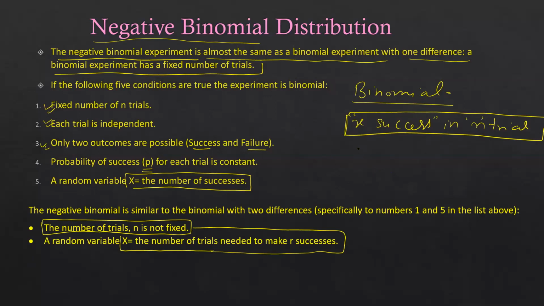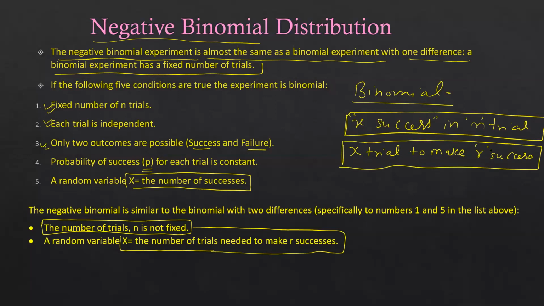In negative binomial distribution, you have X trial to make some R success. This is the difference. It's a reverse case. So now we have X number of trial to make R success. This is binomial. This is negative binomial. Let us see one example.